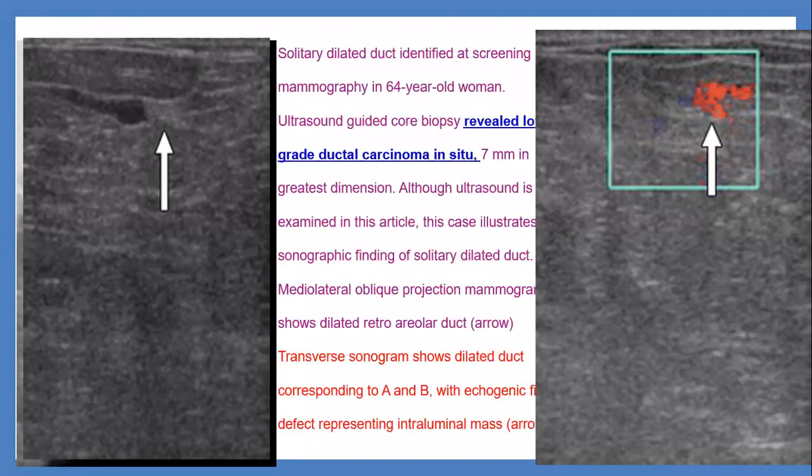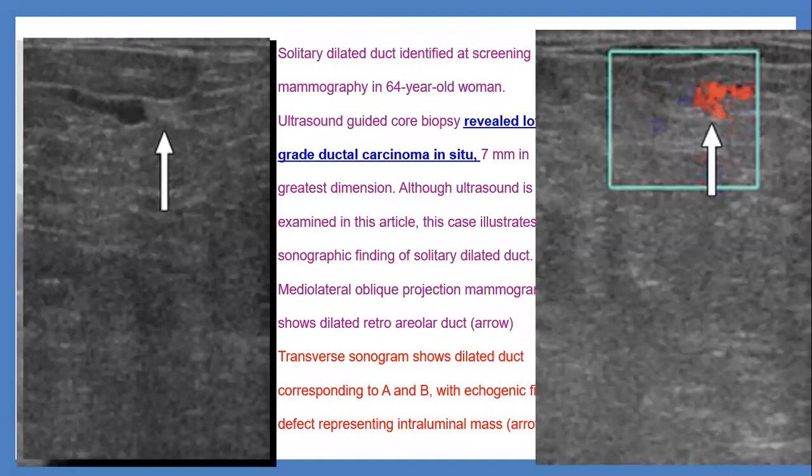This solitary dilated duct was identified at screening mammography in a 64-year-old woman. Ultrasound-guided core biopsy revealed low-grade ductal carcinoma in situ, 7 millimeters in greatest dimension. The mediolateral oblique view shows a dilated retroareolar duct.